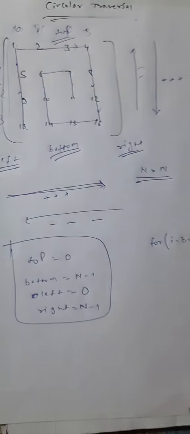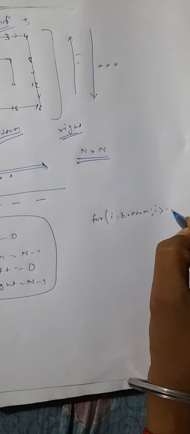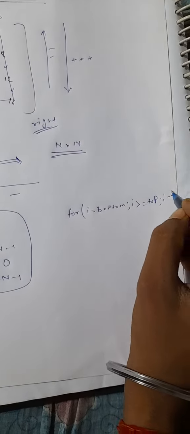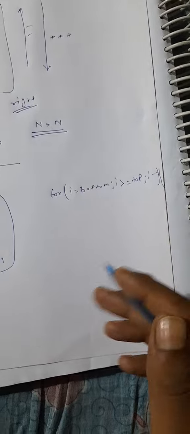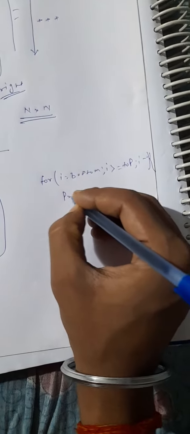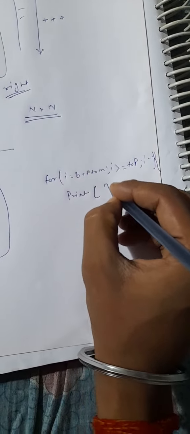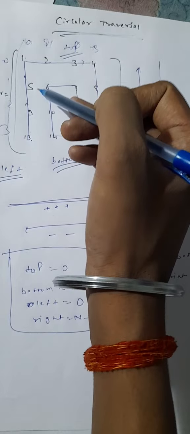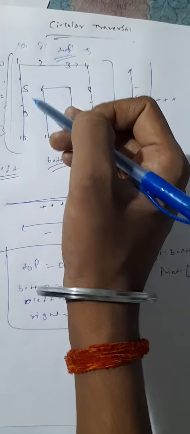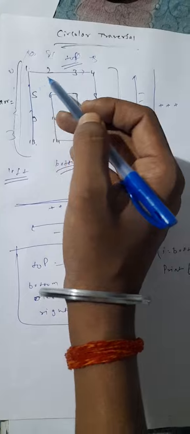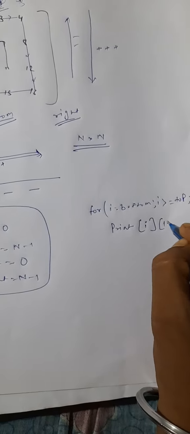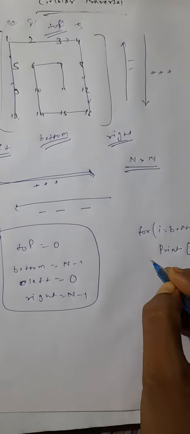So i greater than or equal to top, and i minus minus, because when we go up, the value decreases, and we have to print. Here the value of row changes and the value of column remains the same on the first left pillar. So i and left, because this is the left pillar.